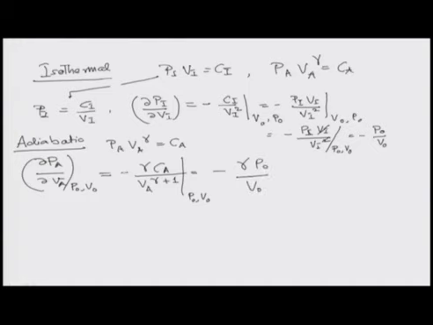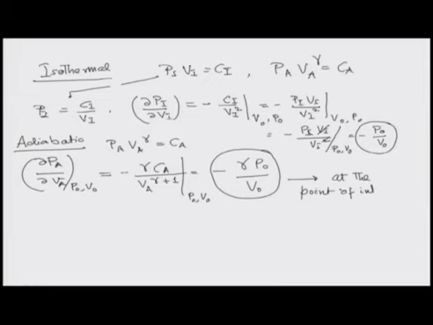V naught. So, you compare these two. This is the slope of the isothermal curve, this is the slope of the adiabatic curve, at the point of intersection, which is designated by the coordinates P naught and V naught.